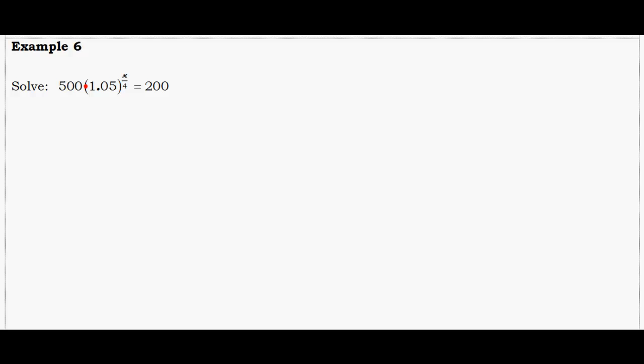To start to isolate things, I should do what? Divide by 500. And so the left-hand side is 1.05 raised to the x over 4. And the right-hand side is 2 over 5, also known as 0.4.